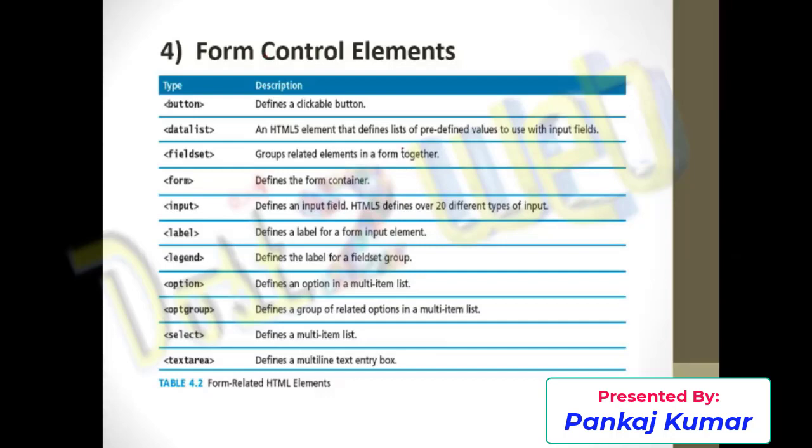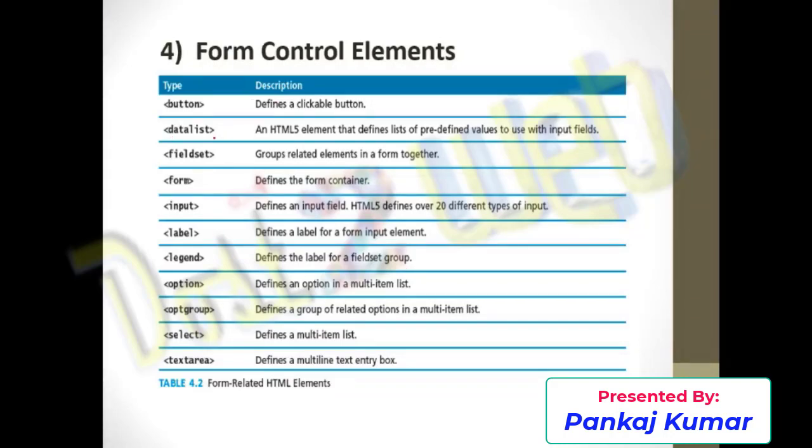And these are the form control elements. So this form control element you have to use, and you have to use like button. If you want a button, then you can use button also.